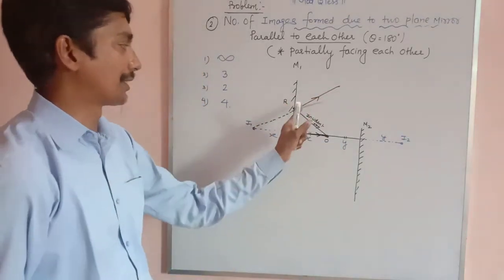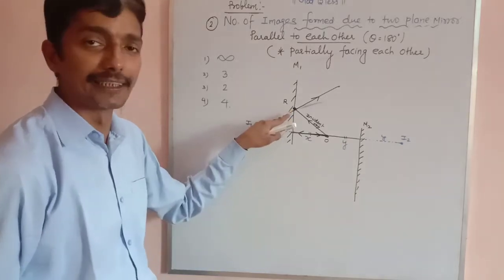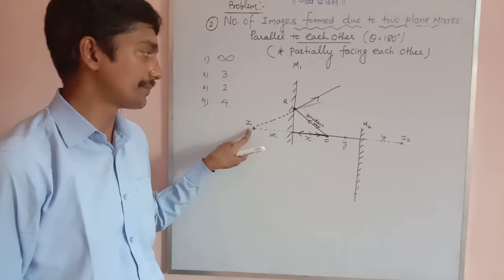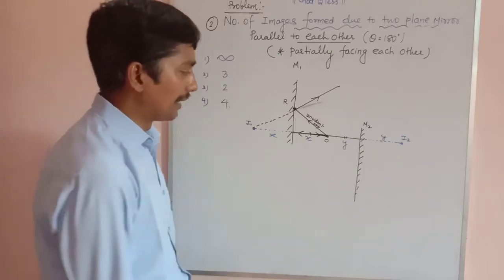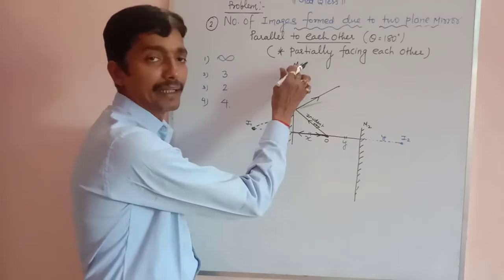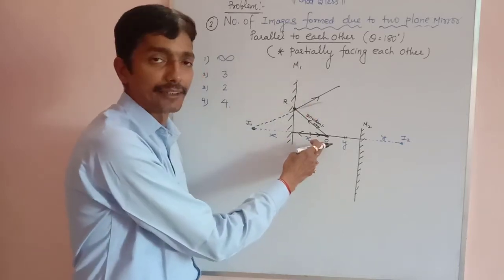This is the reflection, and this is produced inside the mirror at I1. Now similarly, this is the one image I1 I got because of mirror M1 due to the point object O.